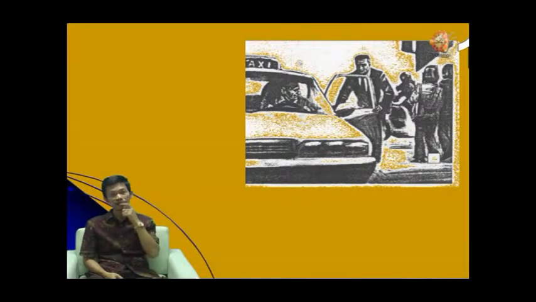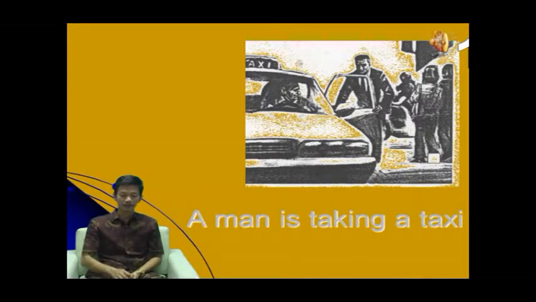Now, would you try for this picture? Explain in the form of present continuous. Well, the sentence supposed to be: a man is taking a taxi. Very good. Okay, do you have the same idea? That's right. Now let's go on to the next picture.